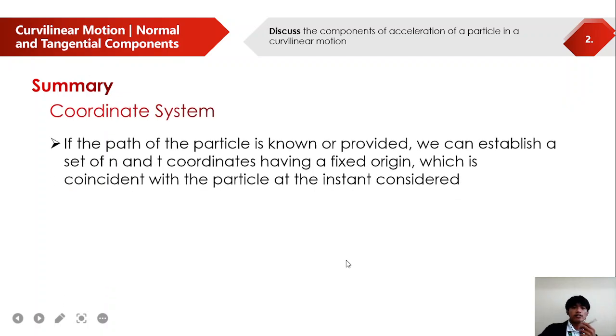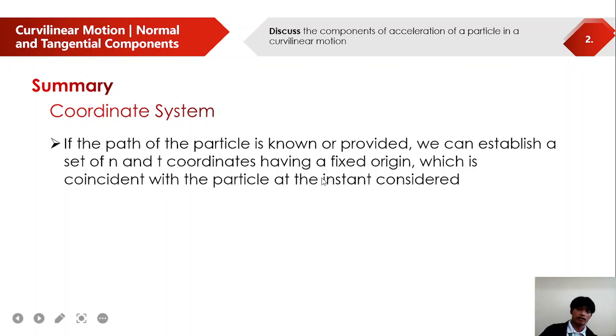Summary. Coordinate system: if the path of the particle is known, we can establish a set of n and t coordinates having a fixed origin, which is coincident with the particle at the instant considered.